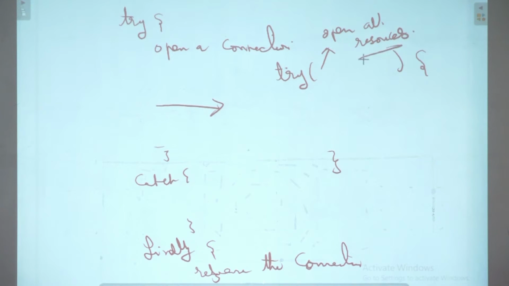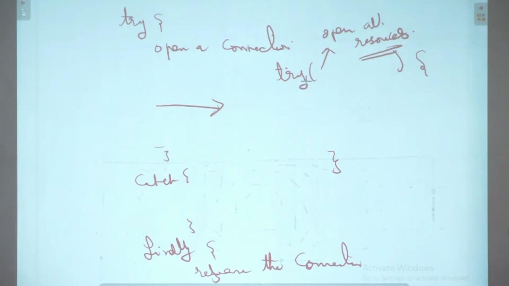And these resources, you need not close. This is a special kind of try, called try with resources. This is a form of try which was introduced about 7-8 years ago. What it does is, whatever you open here automatically gets released.